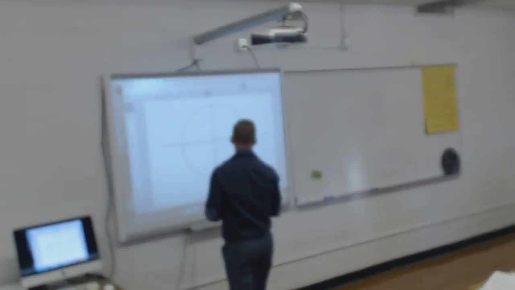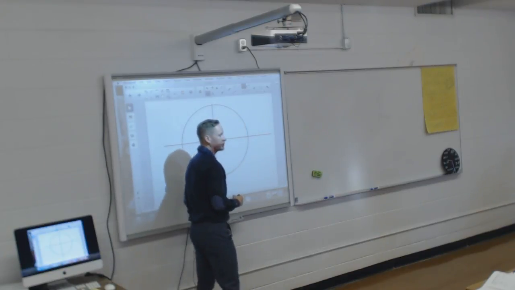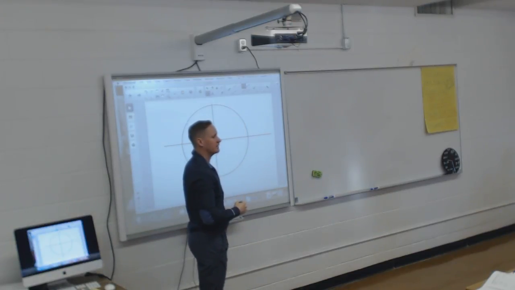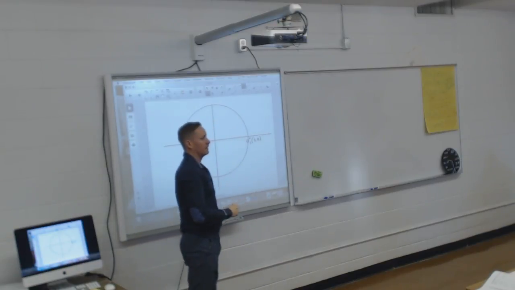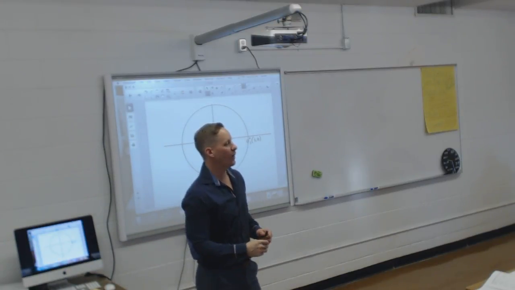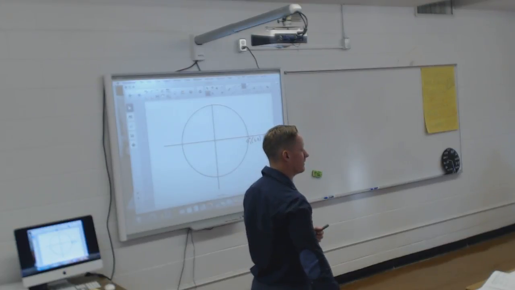So the first thing I'm going to do is look at my coordinates right here. So what is the first coordinate there if my radius is 1? 1 and 0. So at 0 degrees, what is my cos of 0 degrees?